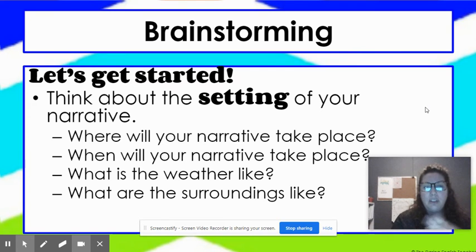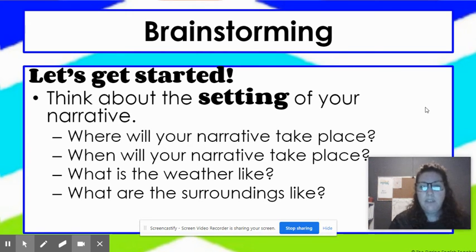So think about those types of things. When you use descriptive words, like some of the words I just said, like musty smell, barren, urine, you automatically have this visualization of what this house looks like. So use those tools for you to describe your setting.